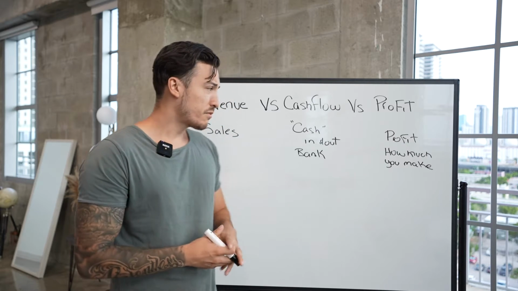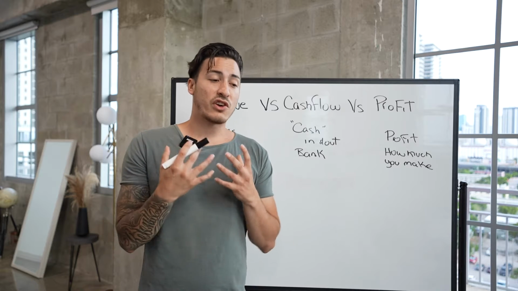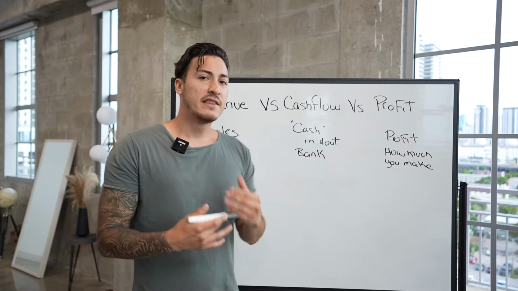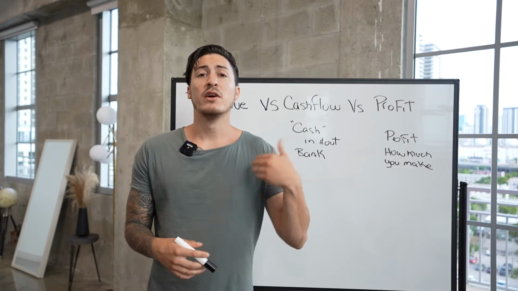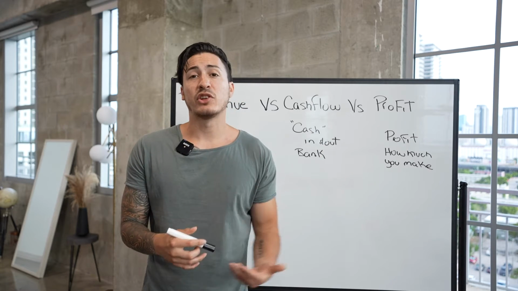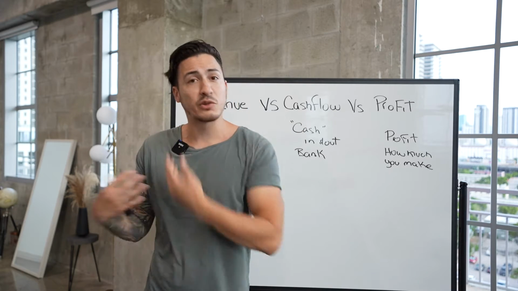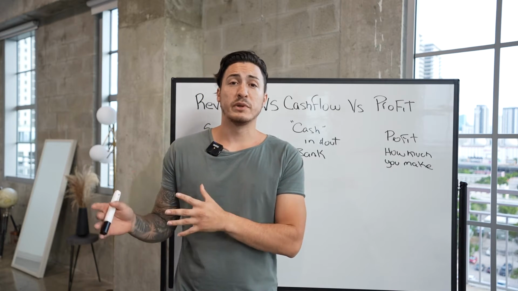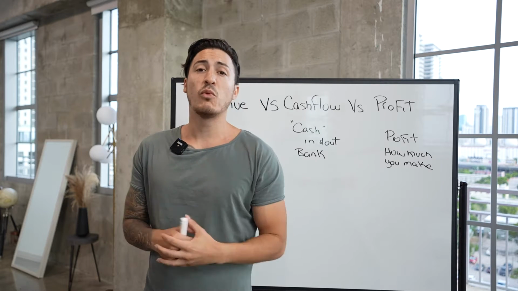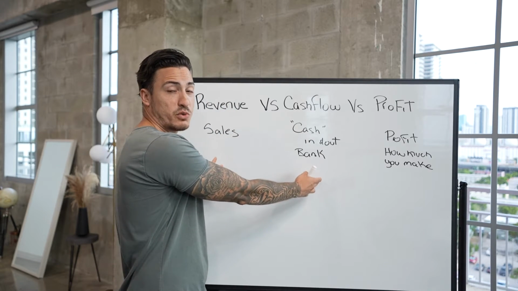So the reason why knowing the difference between these two is so important is because there are a lot of businesses where you are selling way ahead of time, or people pay you on net 30, which means after 30 days, net 60 after 60 days, net 90 which is after 3 months. And that can really affect your business. So you have to know what kind of business you have. Like I said, if you have a restaurant, there's not going to be much difference between these two.